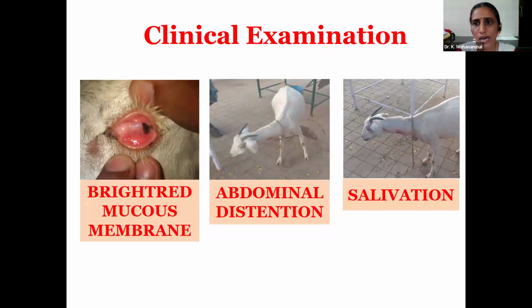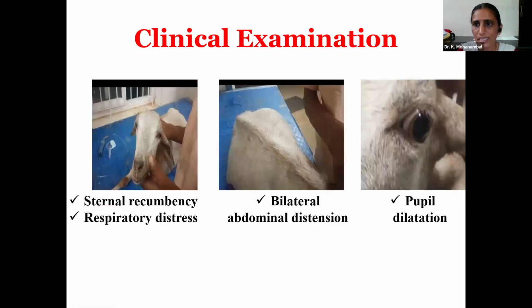This case presented to our clinic with the clinical sign of bright red mucous membrane. You can see a bilaterally distended abdomen, respiratory distress, and salivation. This animal presented with a history of eating an HCN containing plant, that is sorghum. And this animal presented with a history of eating tapioca or cassava.